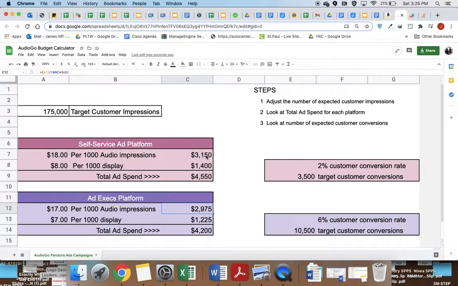So it's a little bit cheaper than this option. For our graphical displays, it's $7 per 1,000. And so that would cost $1,200. It's a little bit cheaper than this option. So our total ad spend to reach 175,000 customer impressions would be $4,200.